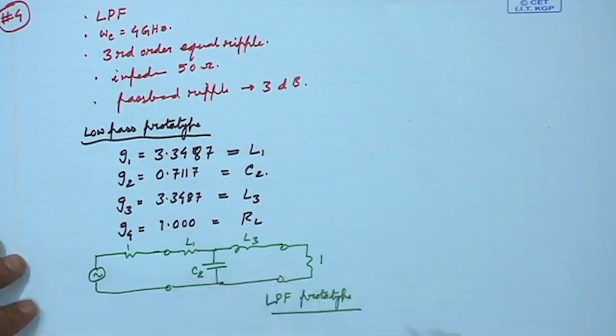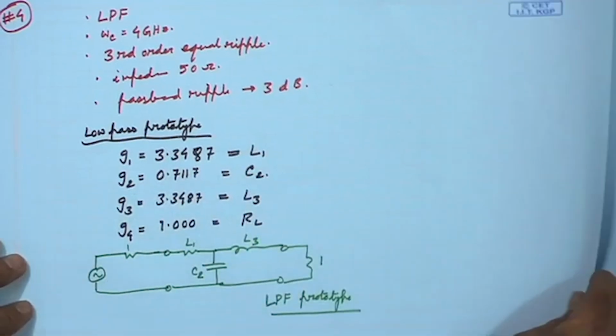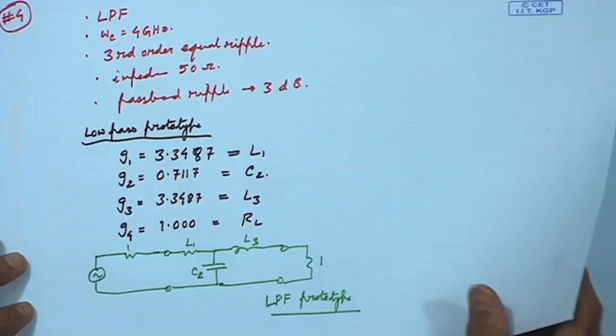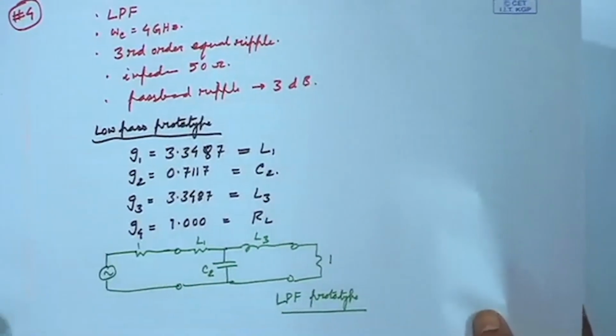Now, from this, these are all lumped elements. I know the values, but I need to do the Richards transformation. So, I need to put those Richards transformation values. If you do that, then the Richards transformation will look like this.